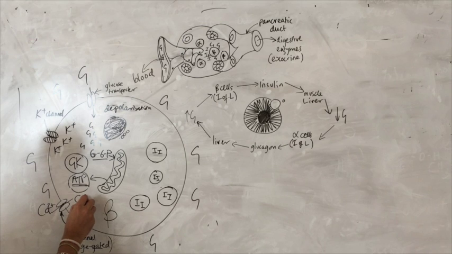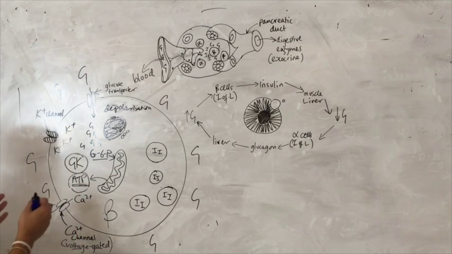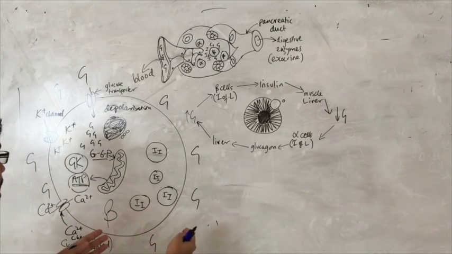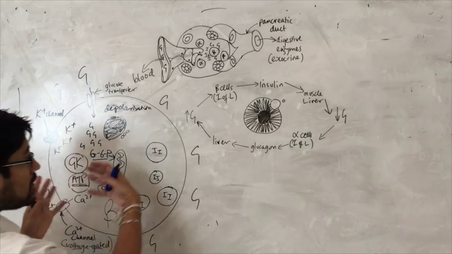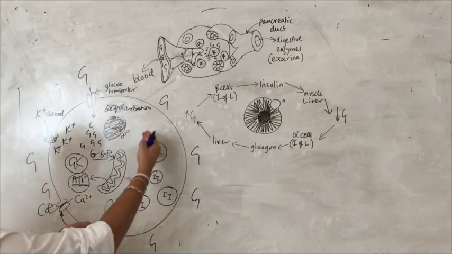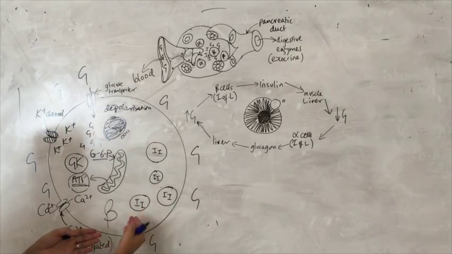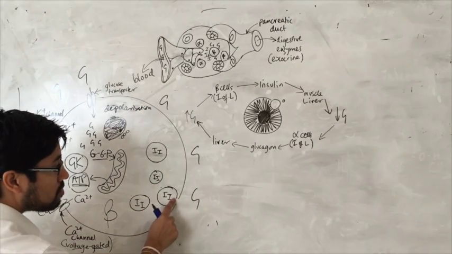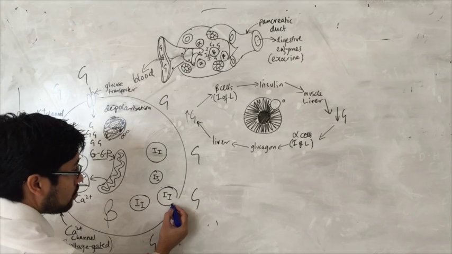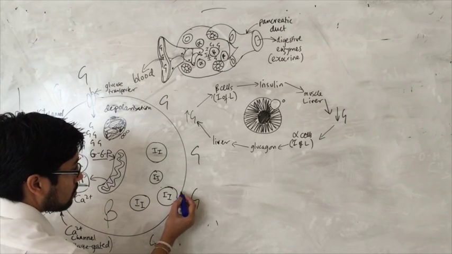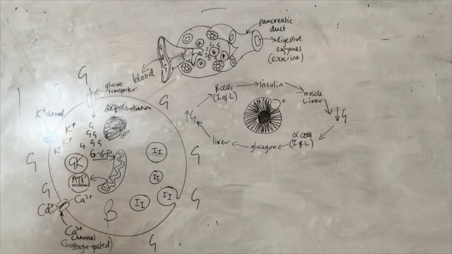Calcium enters the cell, and similar to what happened in the synapse, calcium entry into this cell causes those vesicles that contain insulin to move towards the membrane and fuse with it.